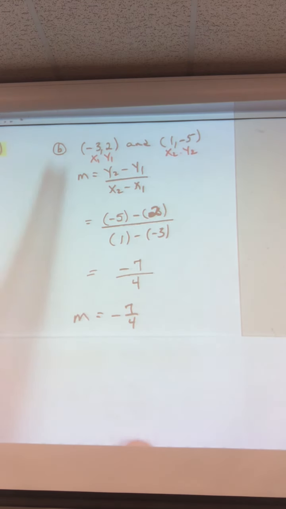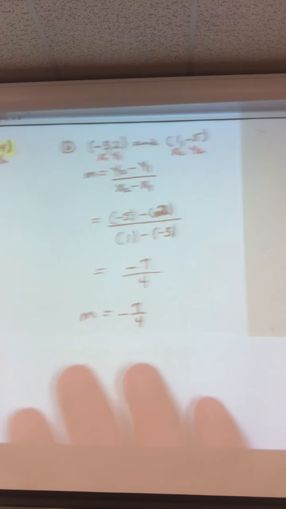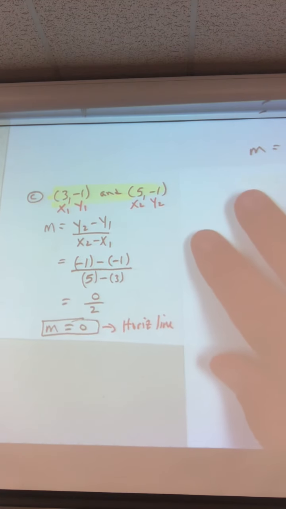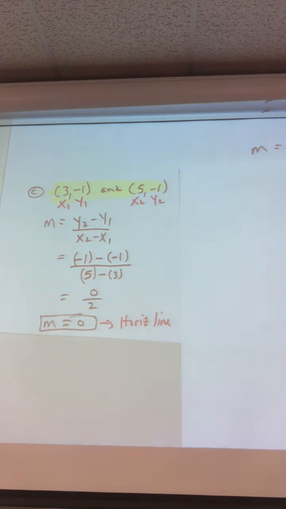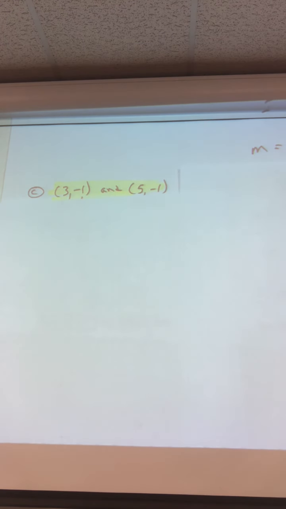All right, we're going to do 2 more. Okay, pause the video and copy this now. Okay, I'm assuming you paused the video where I told you to pause it. Now let's do the same thing. We're going to call this x1, y1, x2, y2.